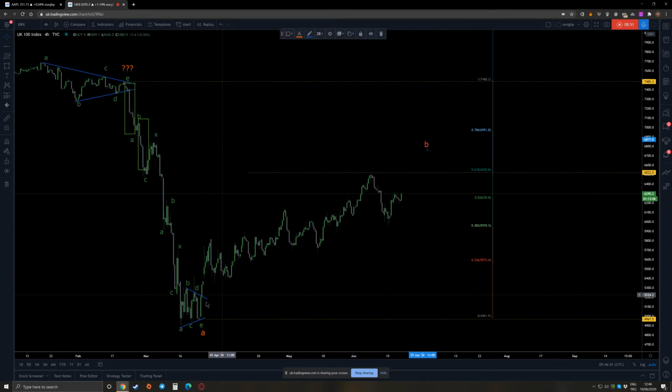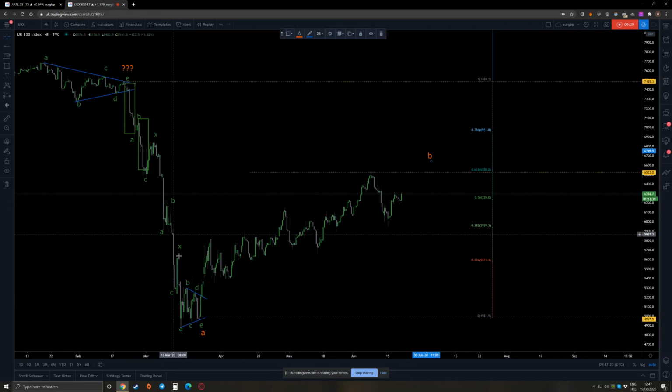Now does this mean this move, whatever it is that I have no idea at the moment, is done here? No, it's not. As you can see, we are still in some type of continuation, some type of corrective wave that is going slowly up, up, up. Because look, this move is definitely not impulsive. But because this move is actually corrective, it helped me to understand this is going to be corrective too.